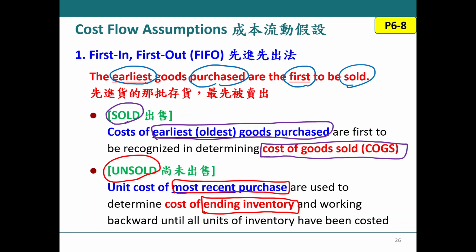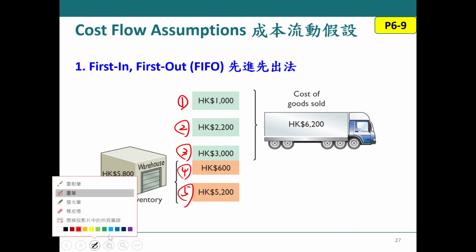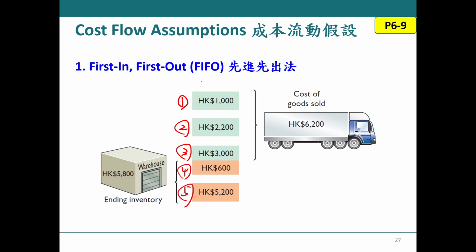Any questions? So look at this. For example, first purchase, second purchase, third purchase, fourth purchase, last purchase. First in, first out means what? First in will be sold first, so they become first out.